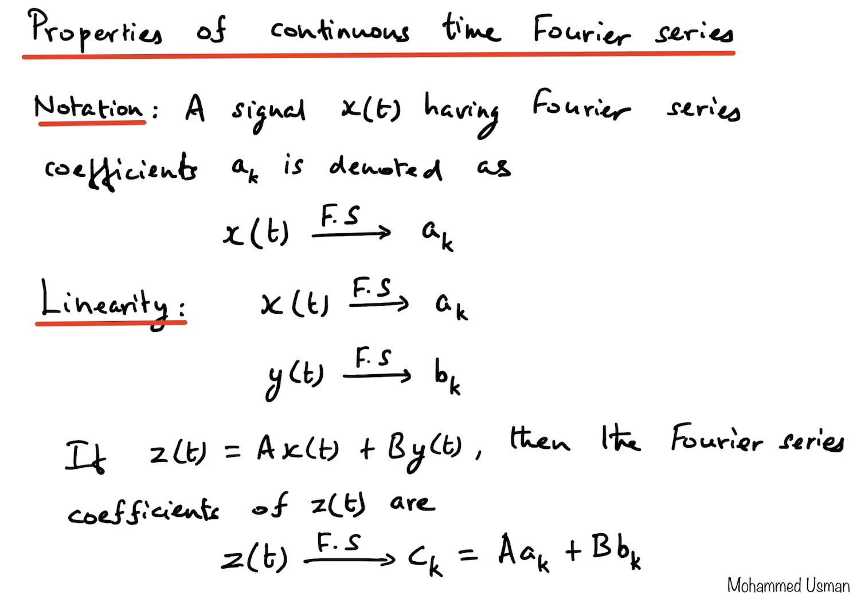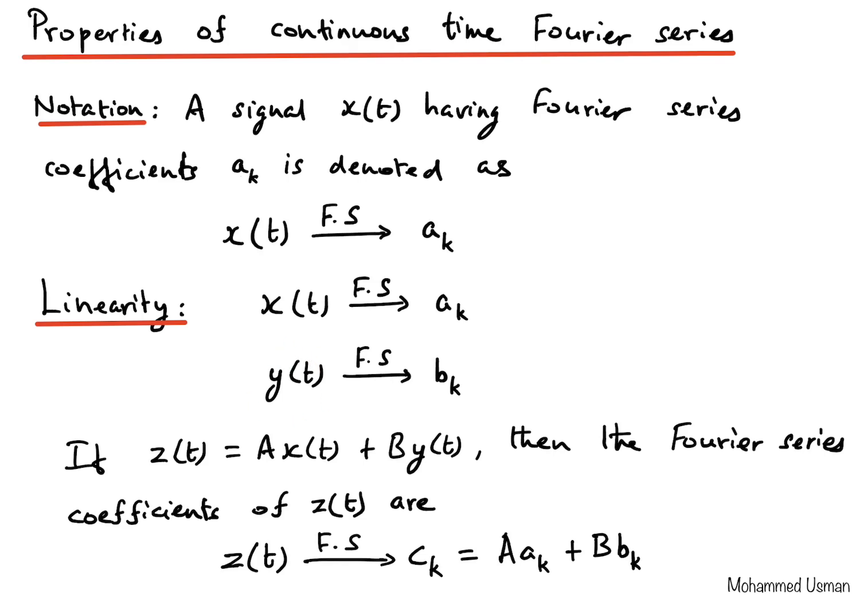The first property that we are going to see is what we call the linearity property, and that is something that we have already seen when we talked about linear time invariant systems. So the same principle applies. Consider that we have a signal x of t whose Fourier series gives its Fourier series coefficients, which we denote as ak.